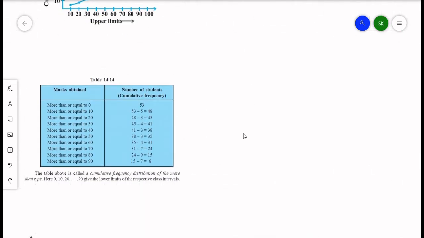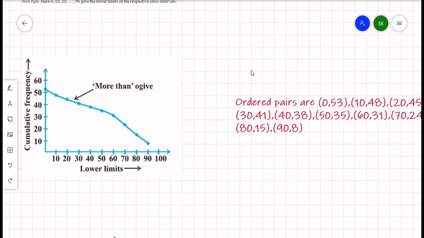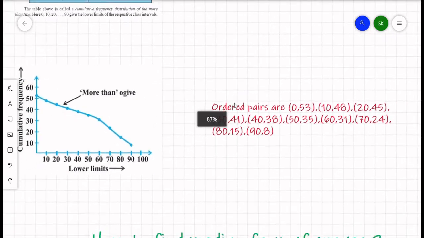Now, similarly, we can plot more than also on the graph. In the same way, the ordered pairs here will be: first 0, 53, second 10, 48, similarly till 90, 8. Correct? So let's see the graph for the same.